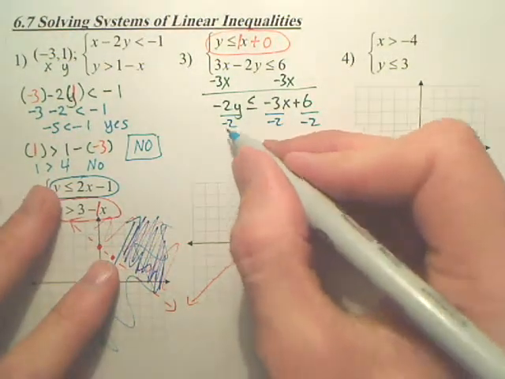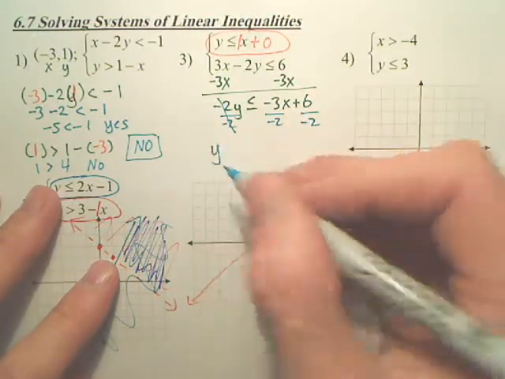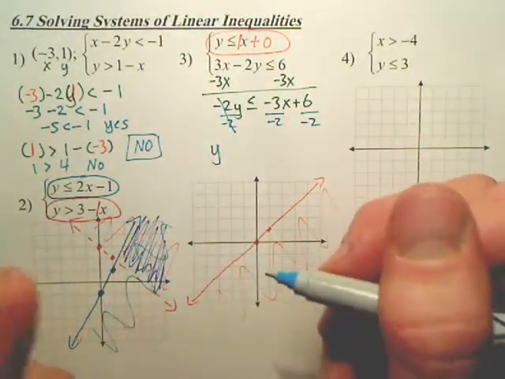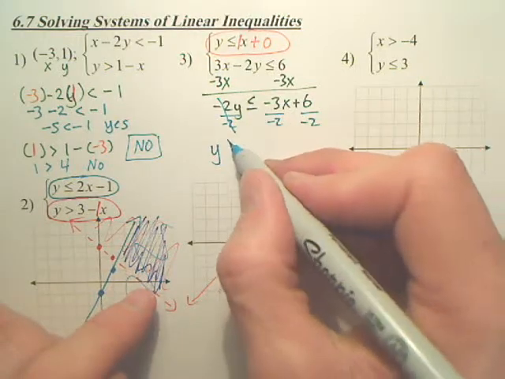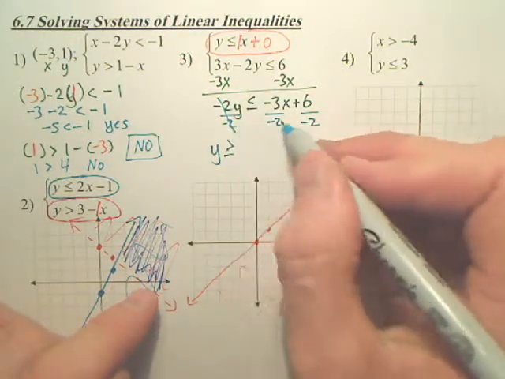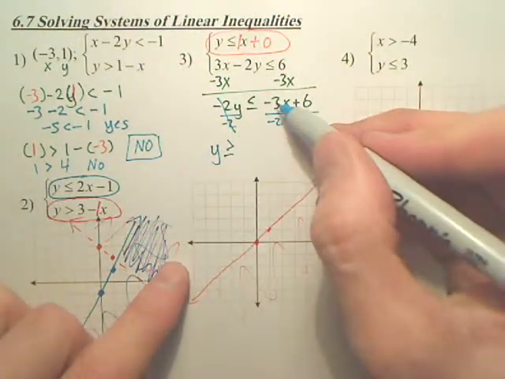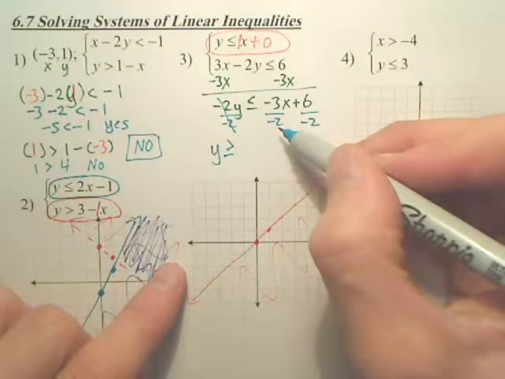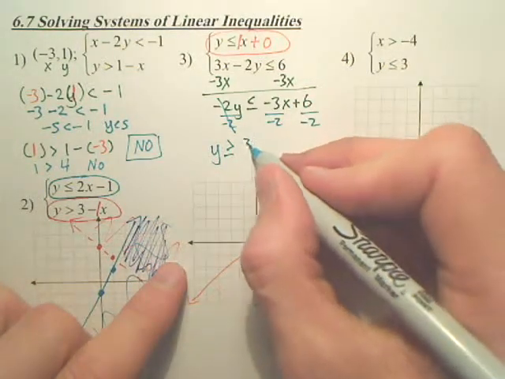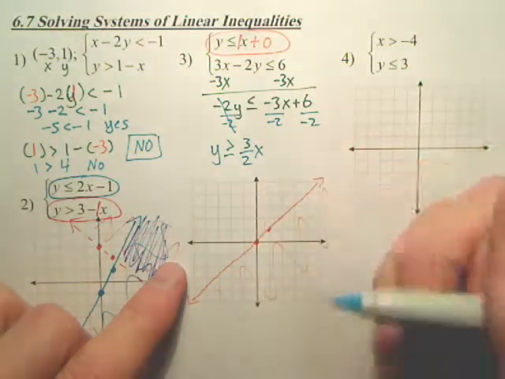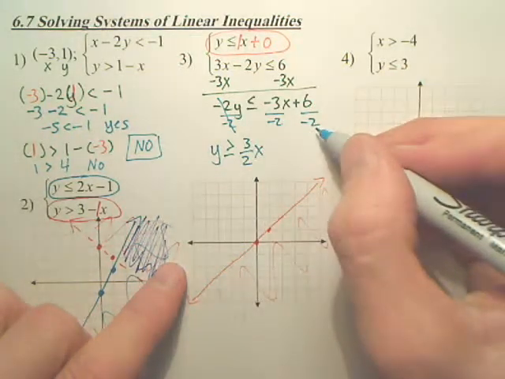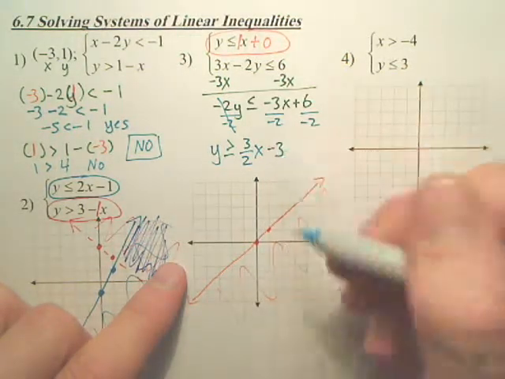And I now have, that cancels, y. Now when you divide by a negative, you have to remember the sign flips. That sign flips because I divided by negative. Anyways, negative 3 divided by negative 2 does not reduce, but it does become positive. 6 divided by negative 2 does reduce. It's negative 3.